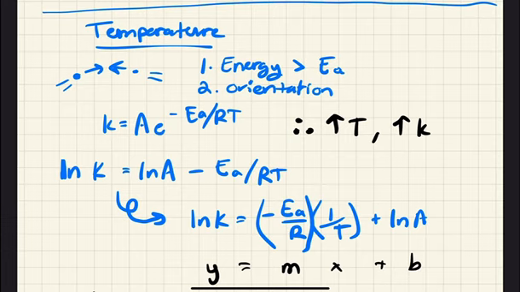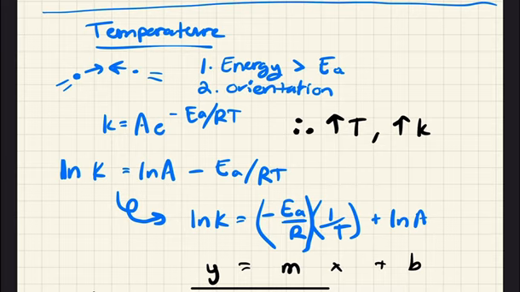So we can transform the equation into the natural log form so that it will become more useful for plotting purposes. If you take the natural log of that formula, you get ln k is equal to ln A minus Ea over RT, using the properties of logs. But we can rearrange this even further to make it a bit more familiar as a linear relationship.